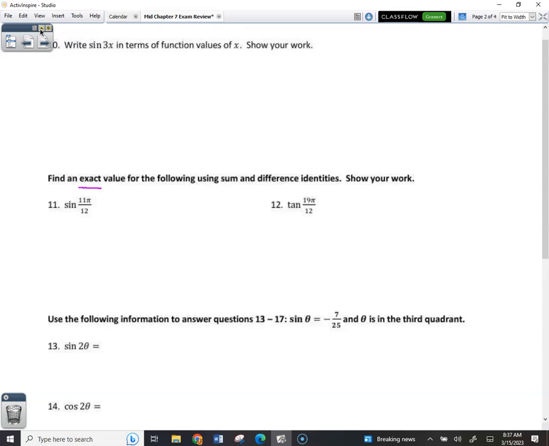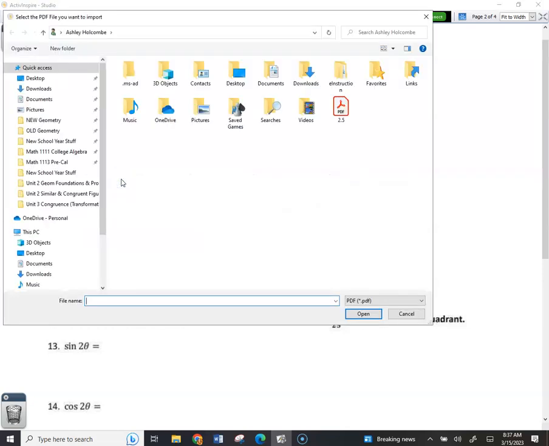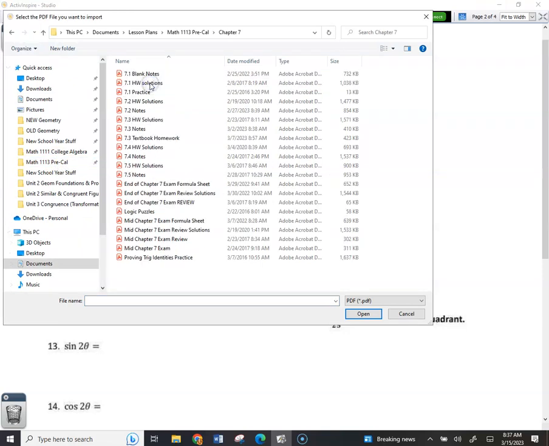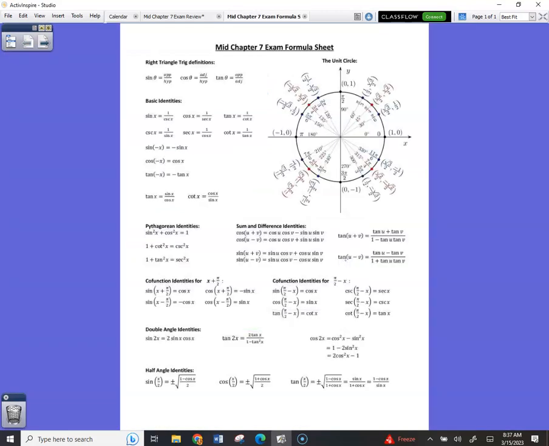Then they say you're using the sum and difference identities, which means you need to pull up your formula sheet that you will have. Sum and difference identities right there. It's labeled. So the directions are telling you what formulas you're using. Looking at the formulas, this should also tell you where we're going with this.